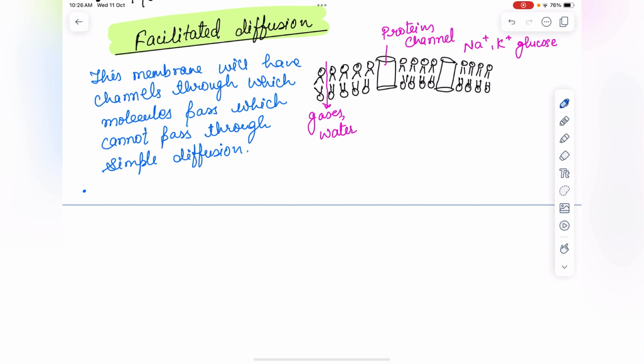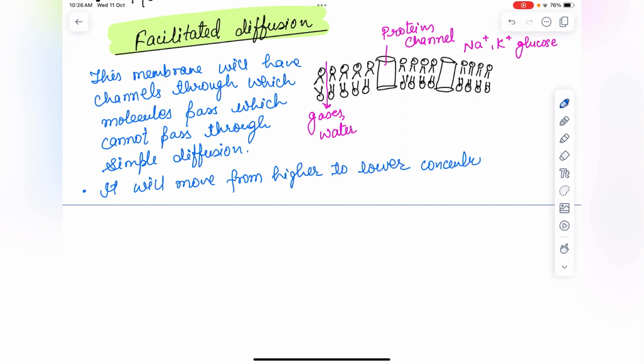It will move from higher concentration to the lower concentration, means move along with the concentration gradient. This is also a passive transportation. What is passive transportation?